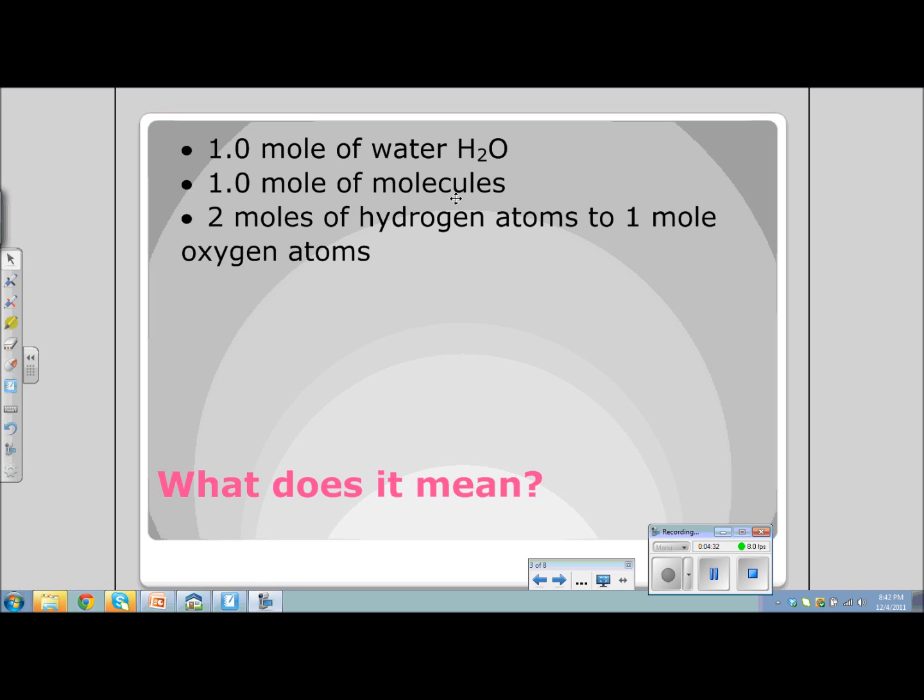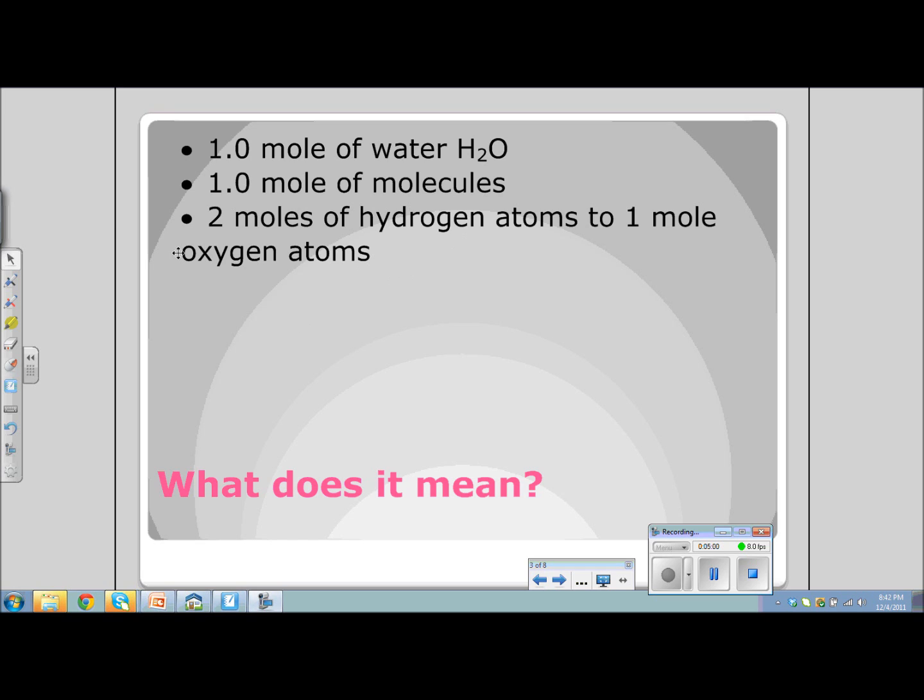In other words, 6.022 times 10 to the 23rd molecules. It means that we have 1 mole of H2O molecules, right? 1 mole of H2O molecules. And in this 1 mole of H2O molecules, there are 2 moles of hydrogen atoms to 1 mole of oxygen atoms.